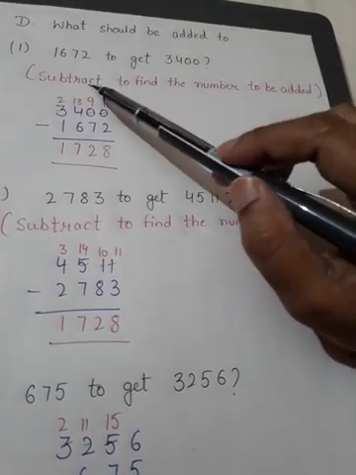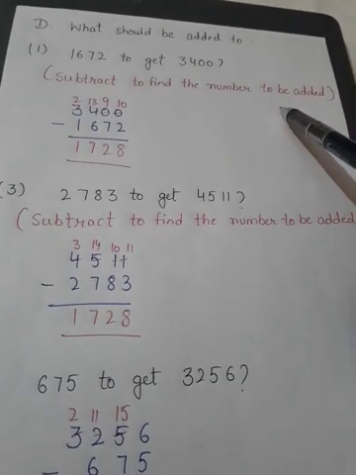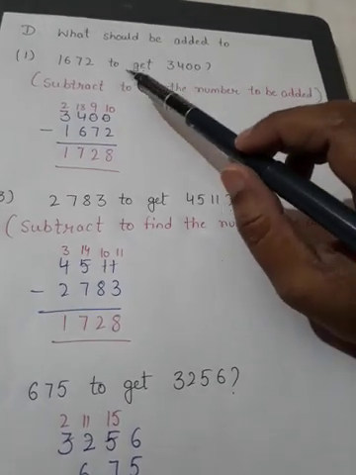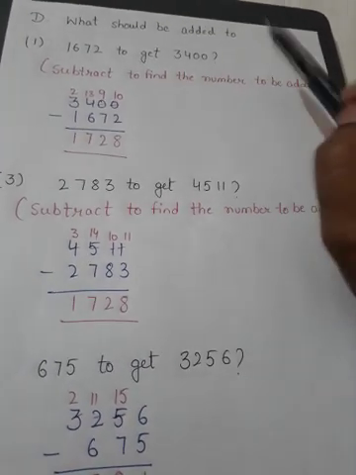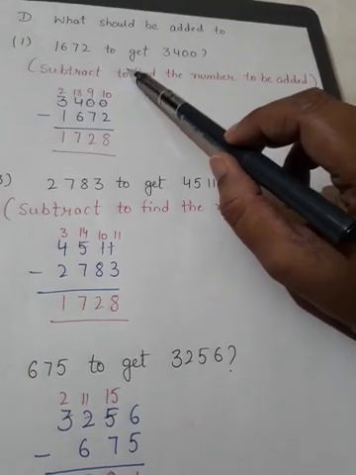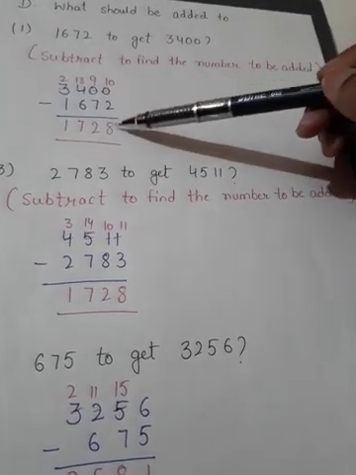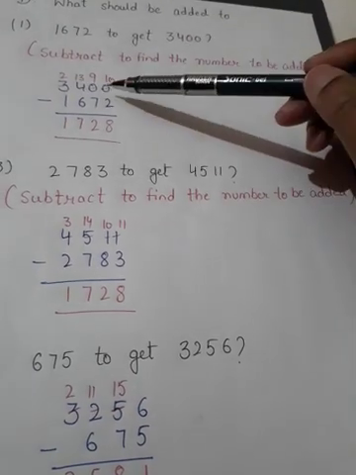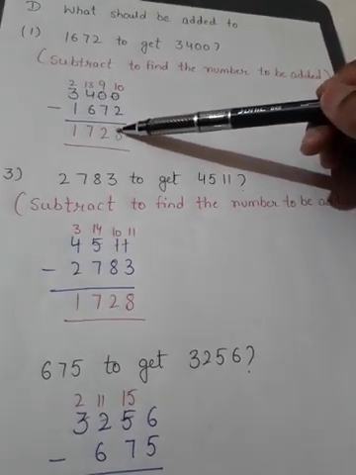So for that what will we do? Subtract to find the number to be added, right? The number which we have to add to this, we will get after the subtraction. So start subtraction here. This is 3400 minus 1672.